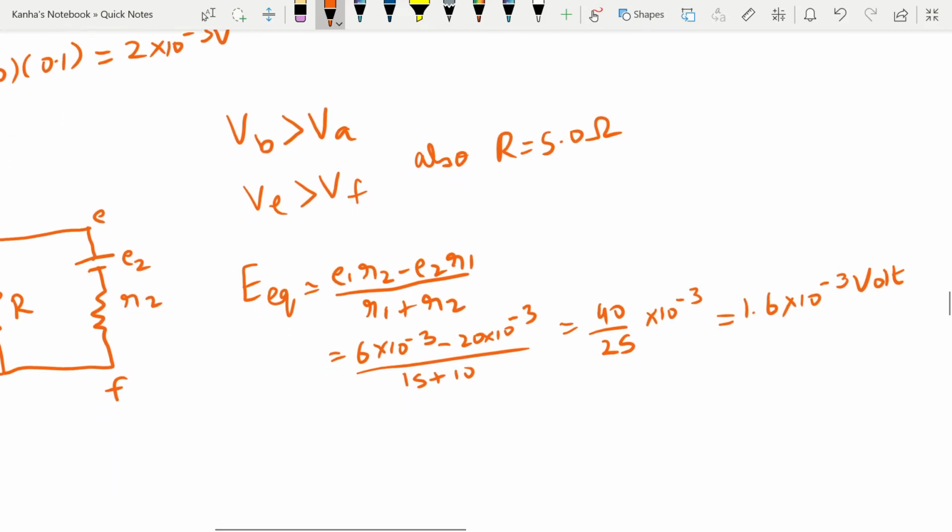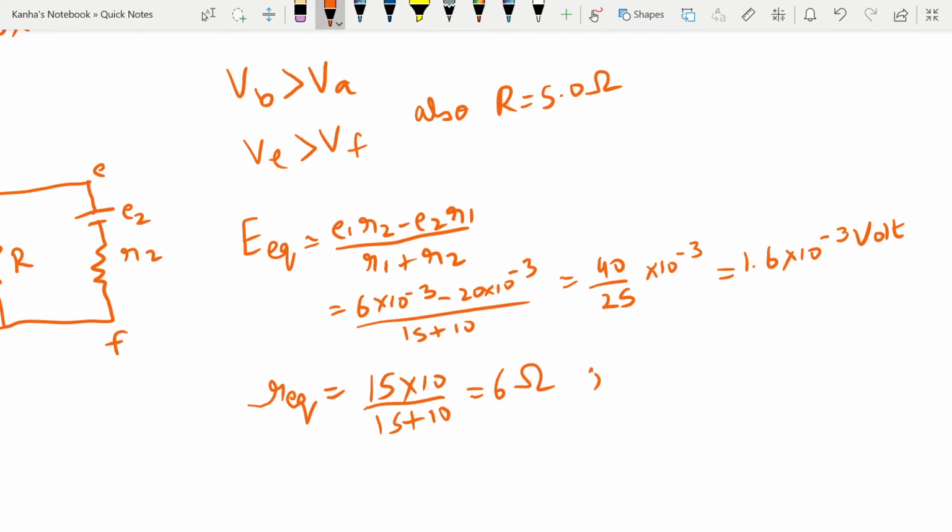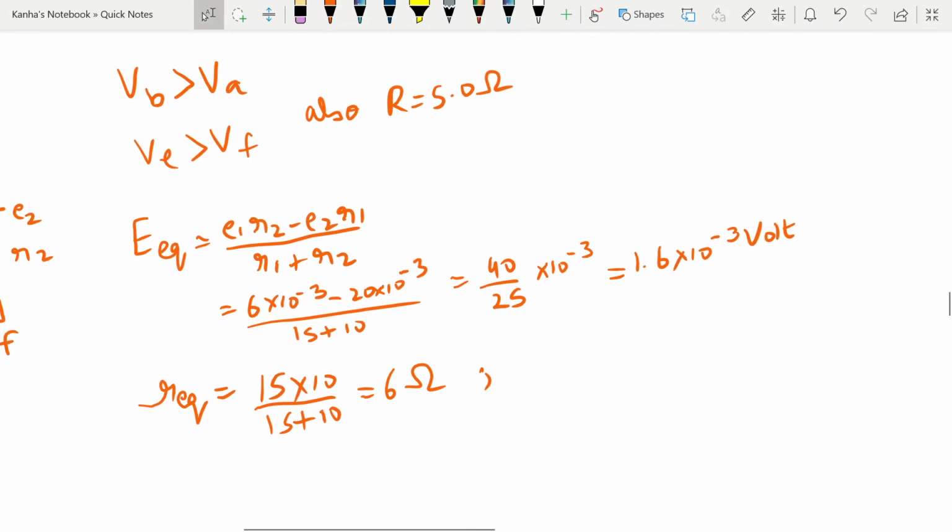Okay, now I can similarly find the REQ, which is nothing but 15 into 10 by 15 plus 10. So this is 150 by 25, which is nothing but 6 ohms. Okay, and you can find the current as well. So I'll just write what the current is.